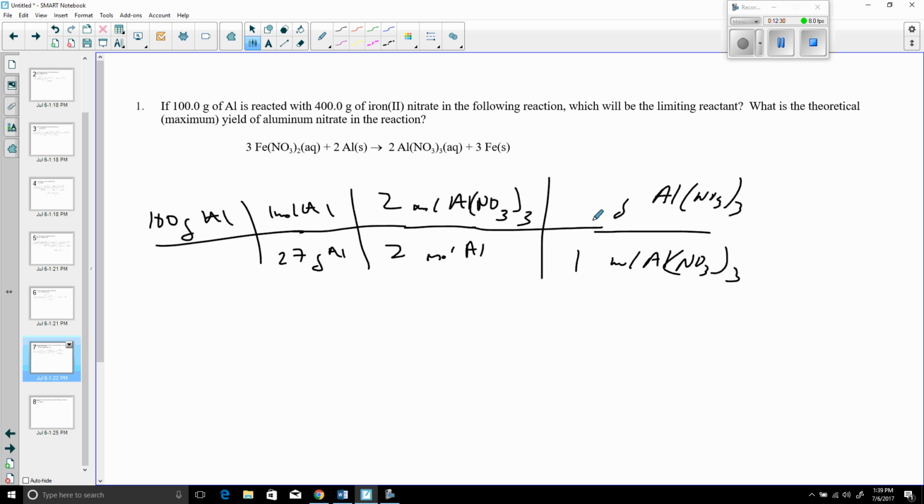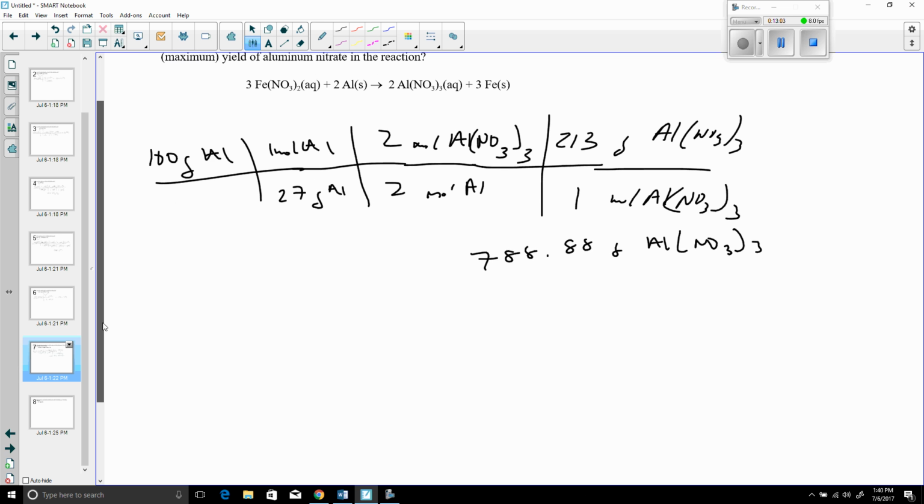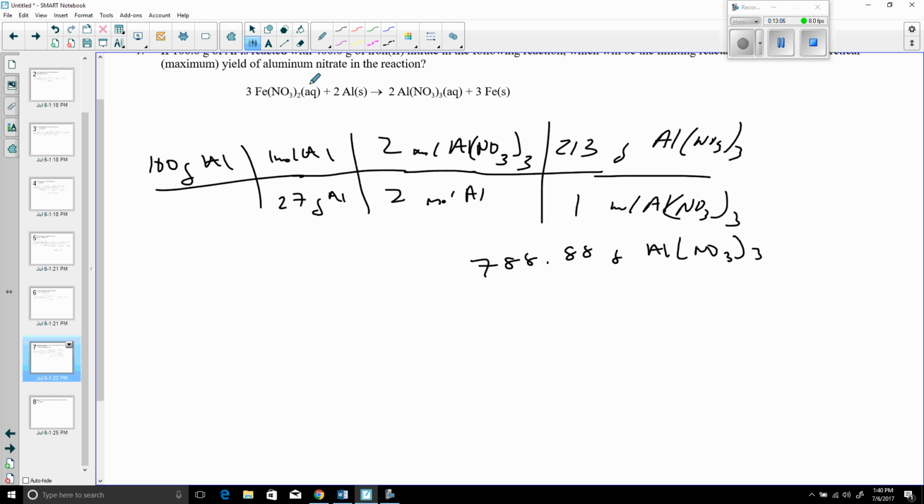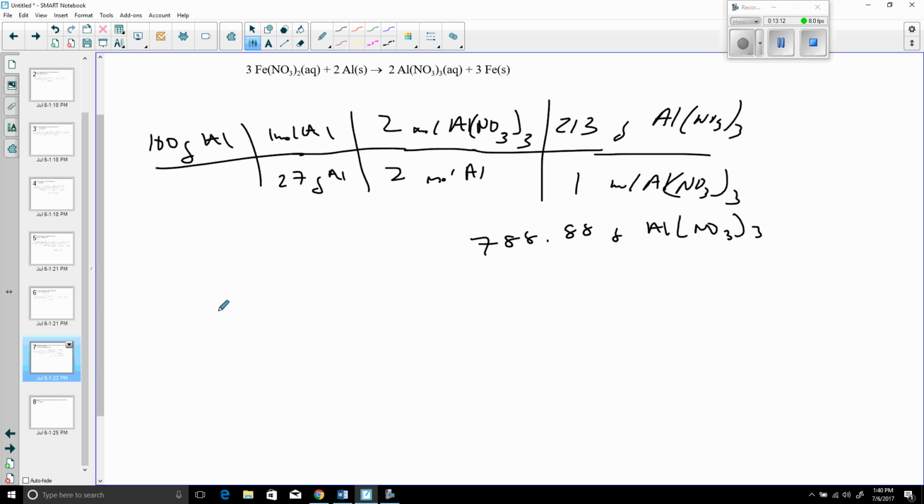If I wrote it down, it should be somewhere around 213 grams. And so we simply take 100 times 213, and then you can divide by 27. And you should get 788.88 grams of aluminum nitrate. Does that answer the question? Absolutely not. We still have to figure out what mass, if we have, what was the number here? 400 grams of the iron nitrate.